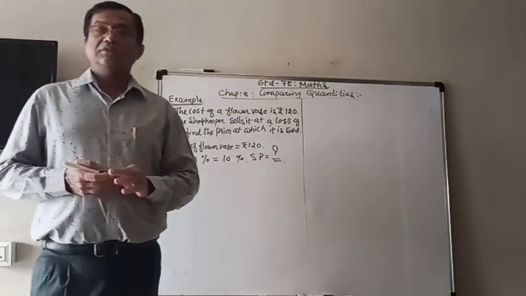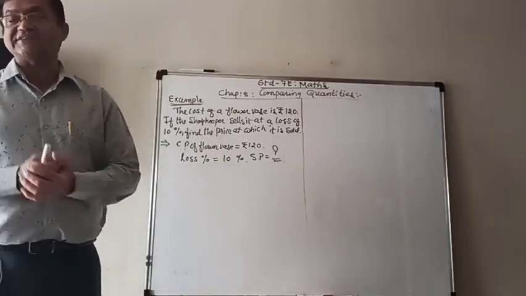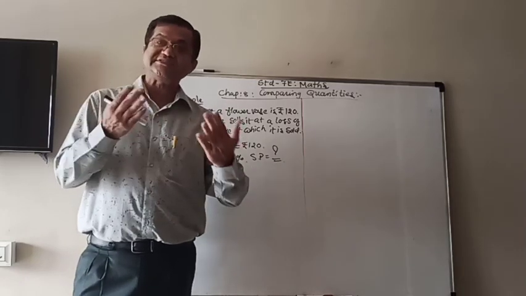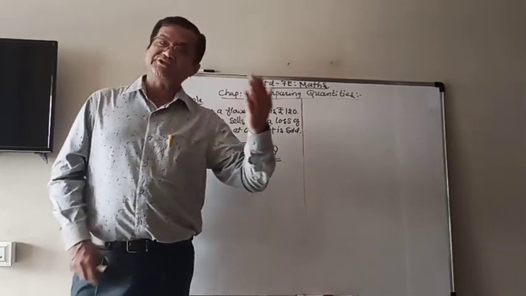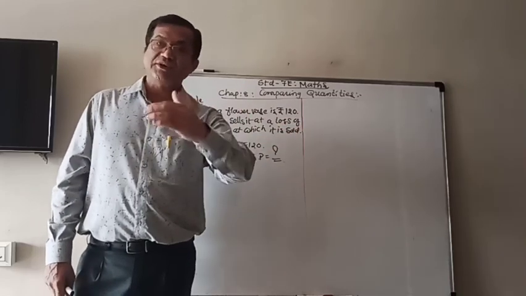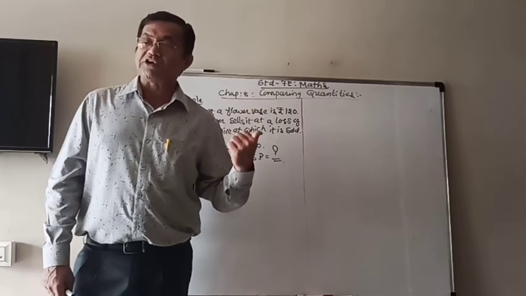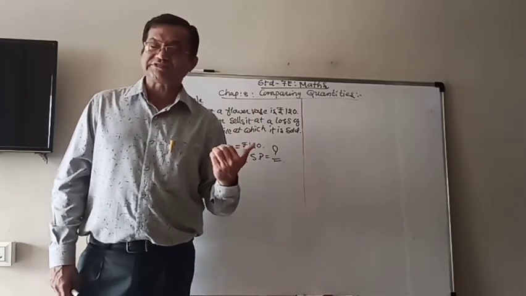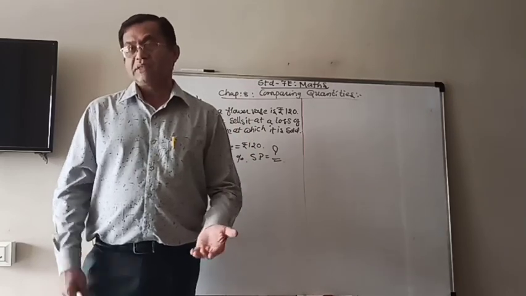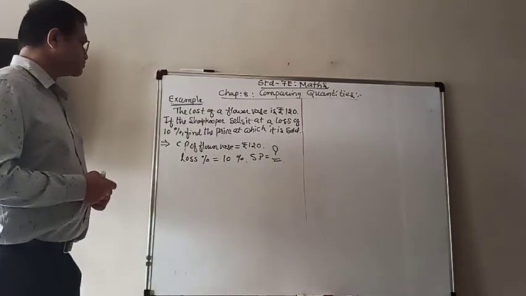So now we know how we can find selling price. Selling price SP is equal to CP plus profit or CP minus loss. If it is profit, CP plus profit. If it is loss, CP minus loss. Here there is 10% loss. So first that loss we have to convert from percent to rupees, and then we can find the selling price.